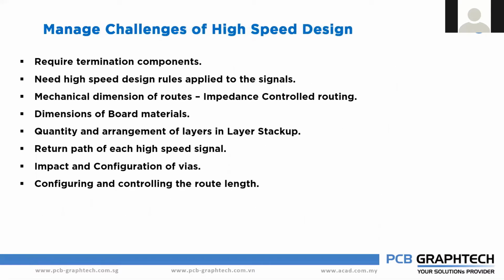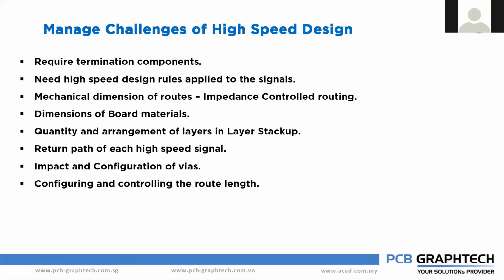Now we can solve these challenges by some methods. First, we can place the terminating components, which will reduce the problem. Second, we can apply high-speed design rules. We have many in Altium Designer, like the length rule and the match length rule.